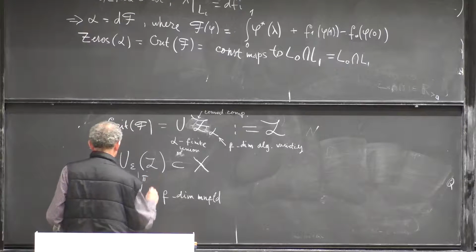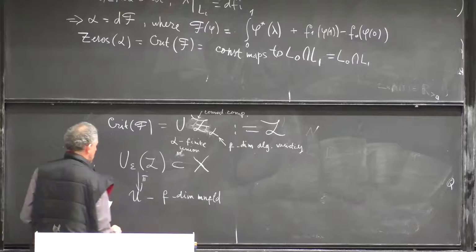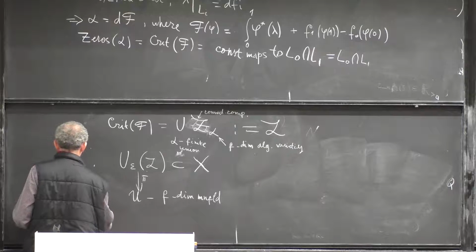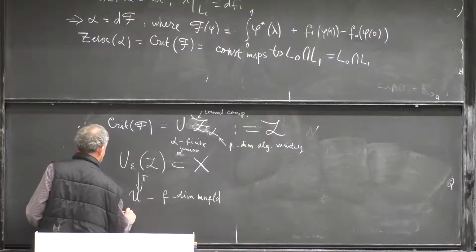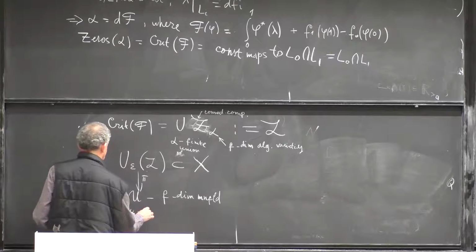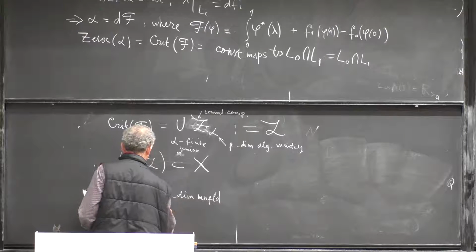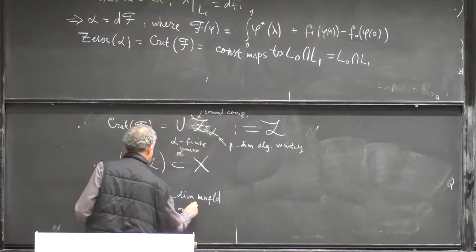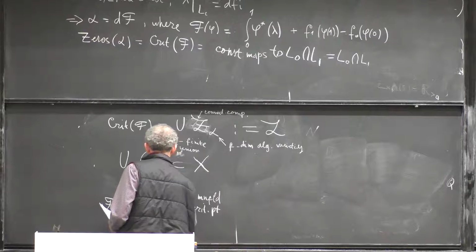Let's call the projection pi. And assume that every fiber, if I restrict F to every fiber, maybe I should denote it by U0, has only one critical point, which is Morse.